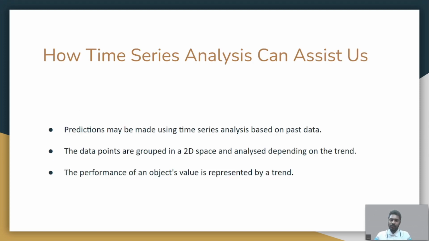Moving on. So how exactly can this analysis assist one? Predictions are made from previous data, where basically any kind of machine learning algorithm will be trained in the same manner. You feed in the previous data, and according to the previous data, you will be predicting the next data.